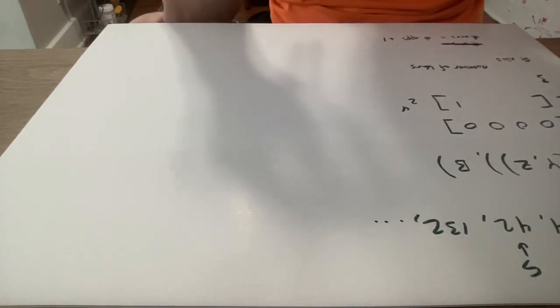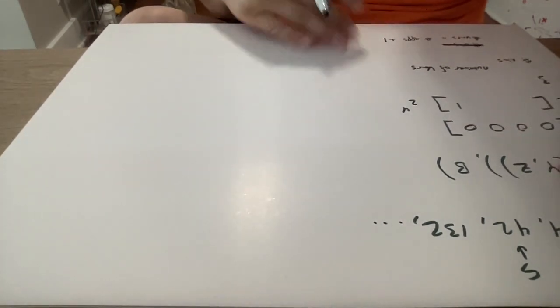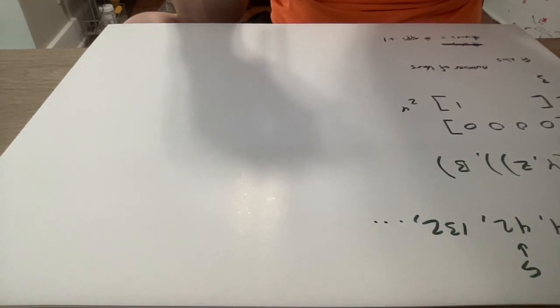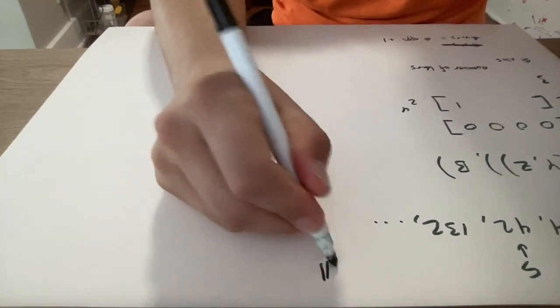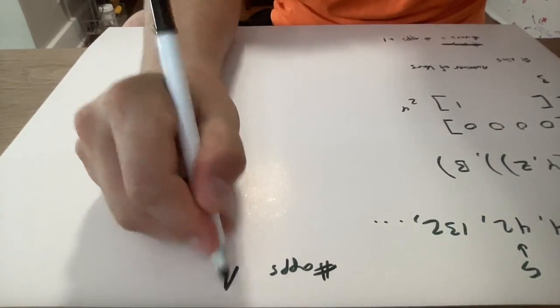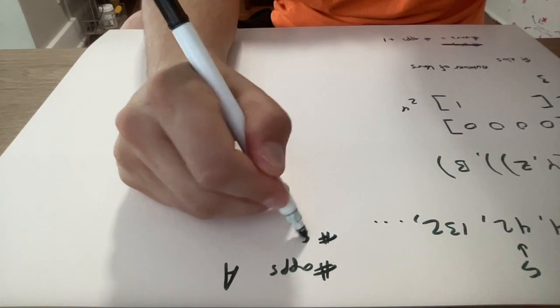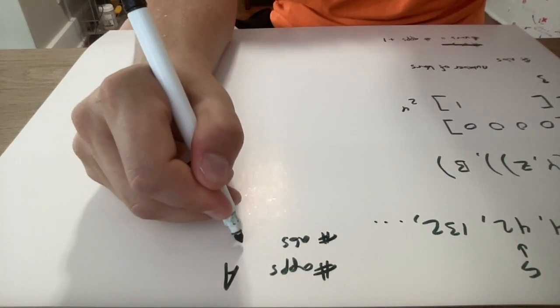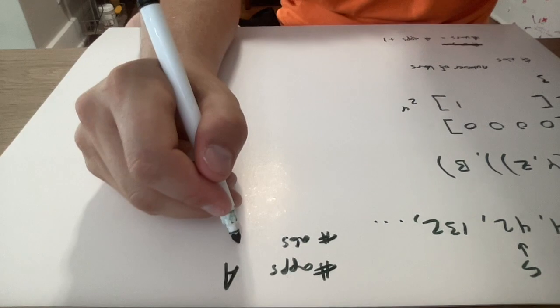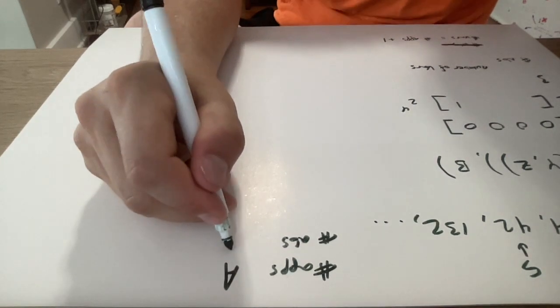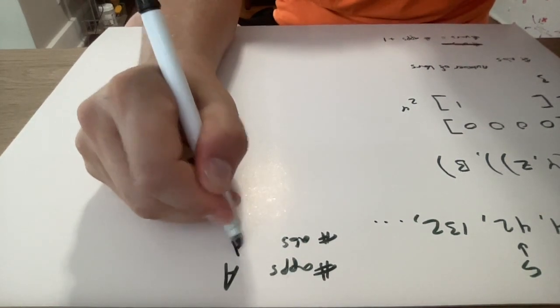I'll explain later. But, so the number of variables equals the number of applications plus 1. So let's say the number of apps is A. The number of abstractions is, I hate how they both start with A. We'll call it lambda.